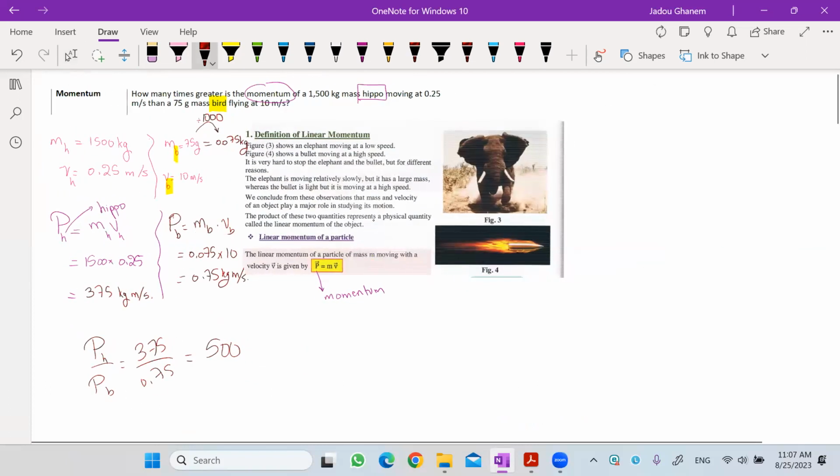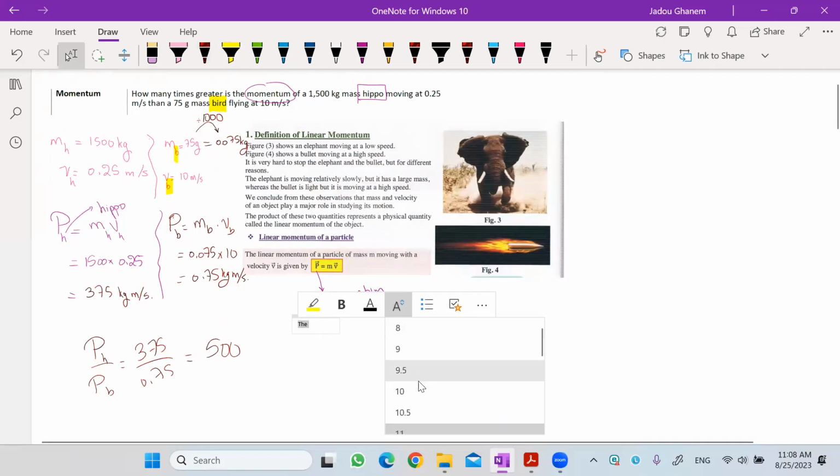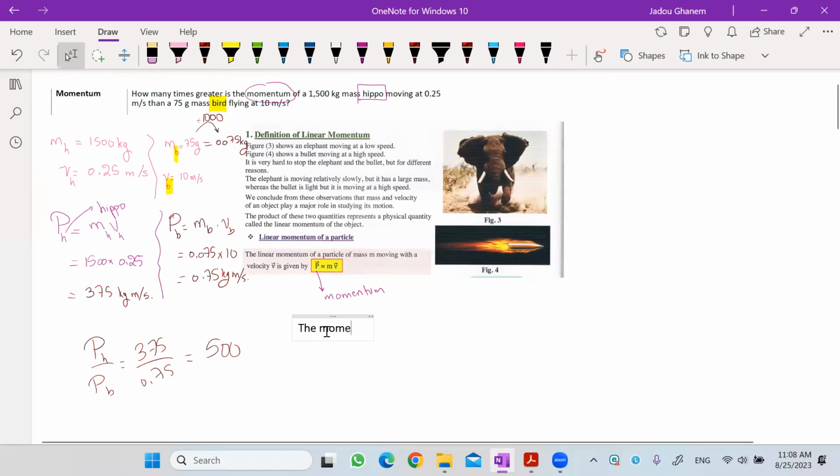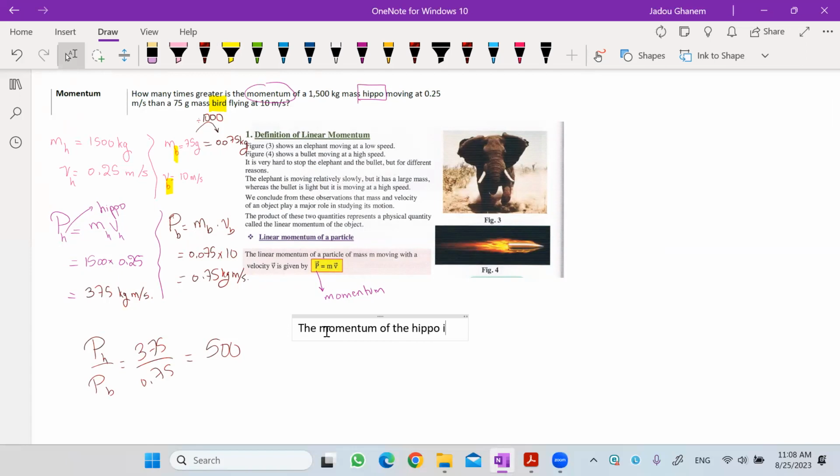What is the meaning of 500? I'll write it as a sentence: the momentum of the hippo is greater than that of the bird 500 times.